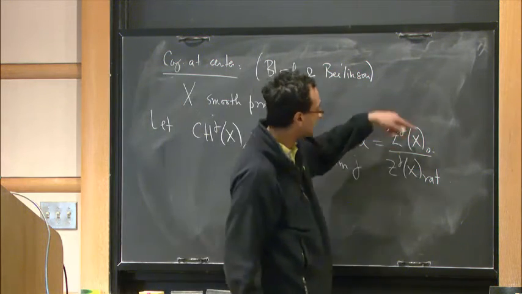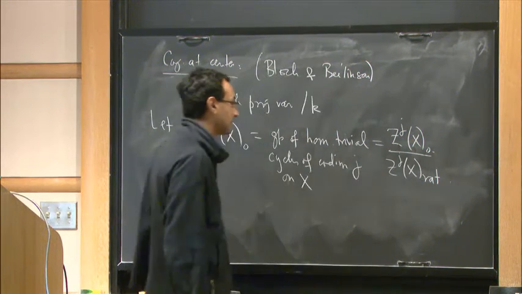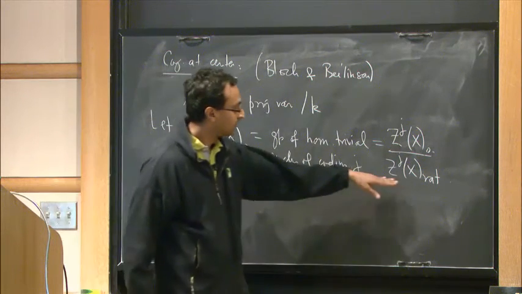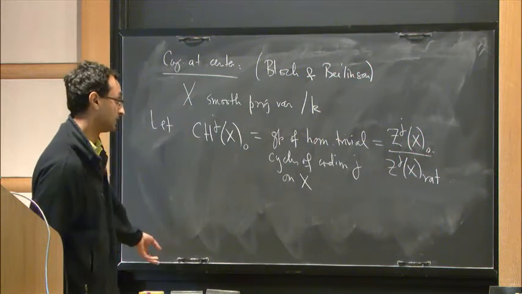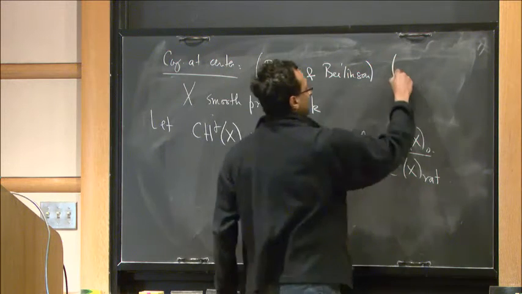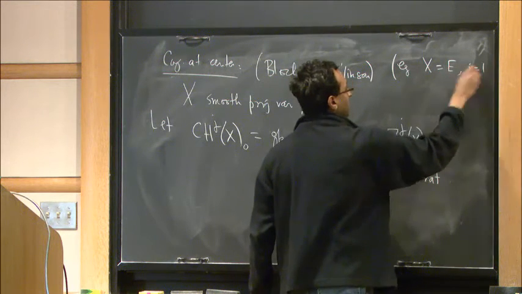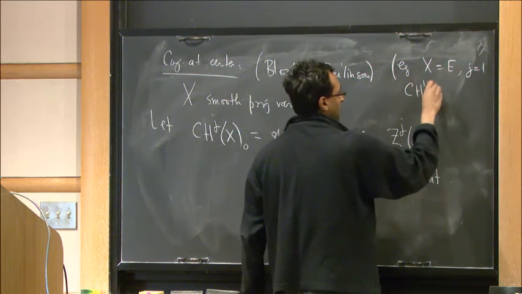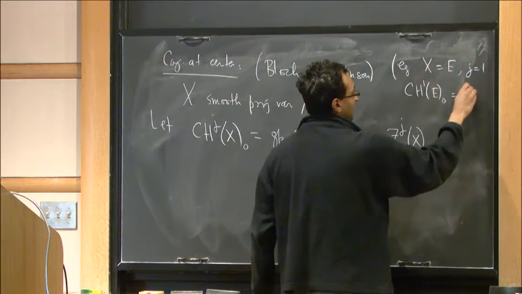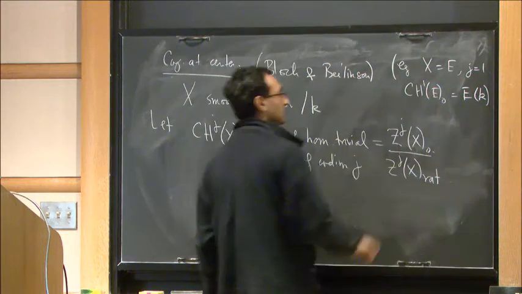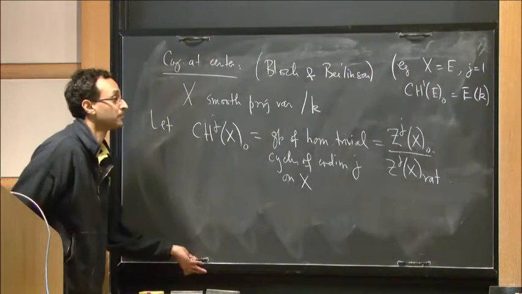This admits a cycle class map, and Z^j(X)_0 is the kernel of the cycle class map. And then you have to go mod the cycles that are rationally equivalent to 0. So the example to keep in mind is, of course, if X is an elliptic curve and j equals 1, then Chow^1(E)_0 is in fact exactly equal to the Mordell-Weil group E(K).